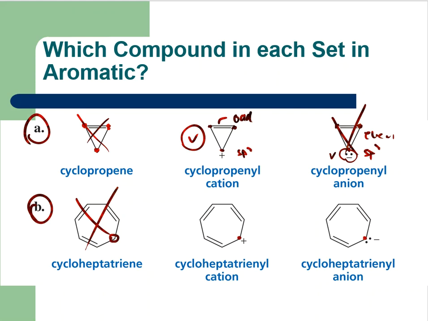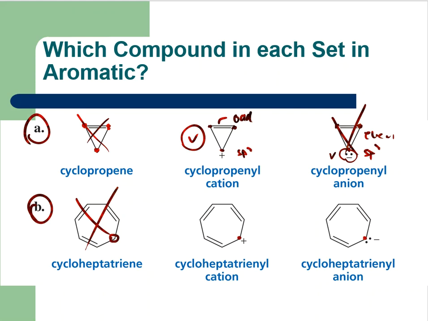They are all sp2 all the way around. The next part is, do they have a set of pi electrons that they can contribute to this ring and make it fully delocalized with an odd number? That's the thing here, an odd number.